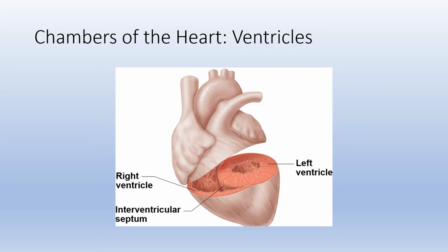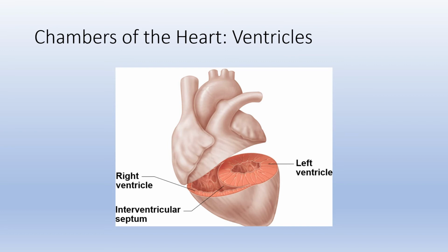In this image here, we have made a horizontal or transverse cut through the heart, and we're just taking off the top, basically. But what I want you to appreciate here is the difference in wall thickness between the left ventricle and the right ventricle.